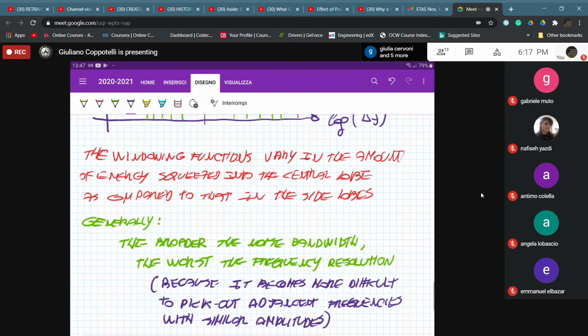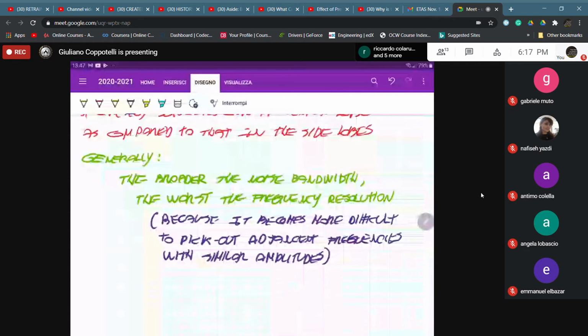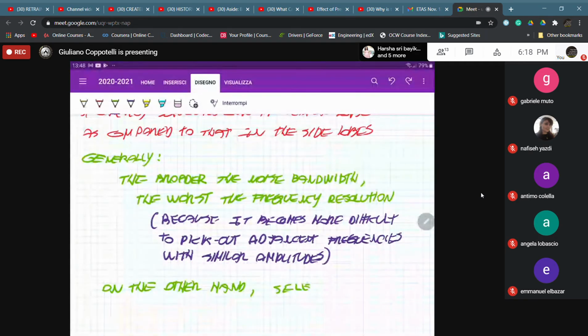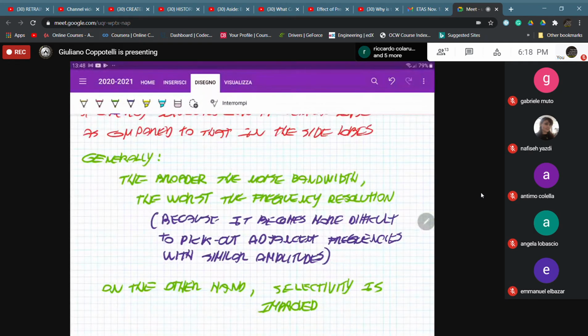However, on the other hand, selectivity is improved with the side lobe fall off.